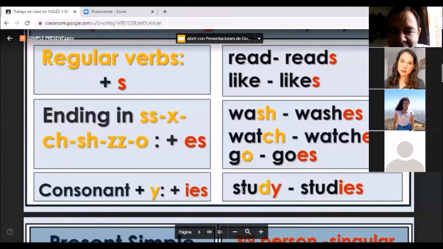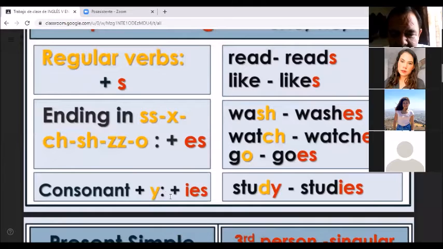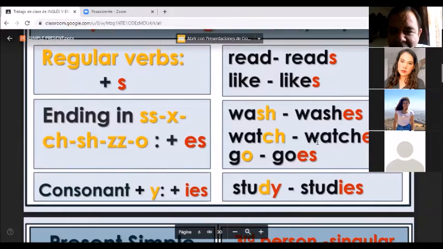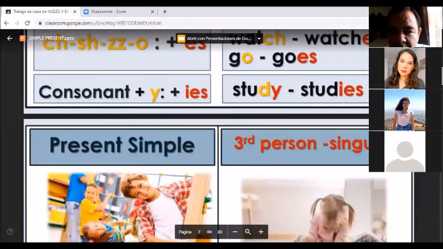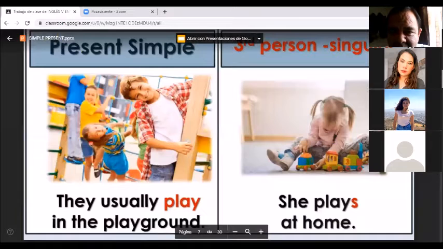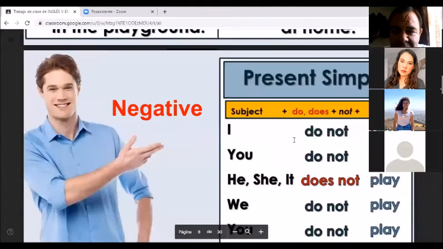And remember that in this last rule about Y, if we have a vowel, we don't change the Y. We only add S, like play, plays. Here we have two examples: they usually play in the playground. She plays at home. These are two examples of affirmative sentences.